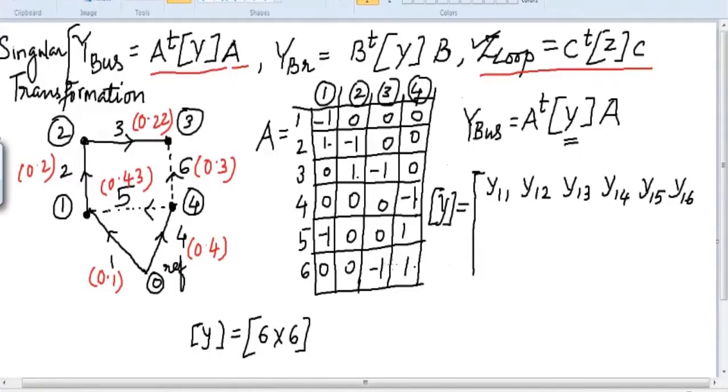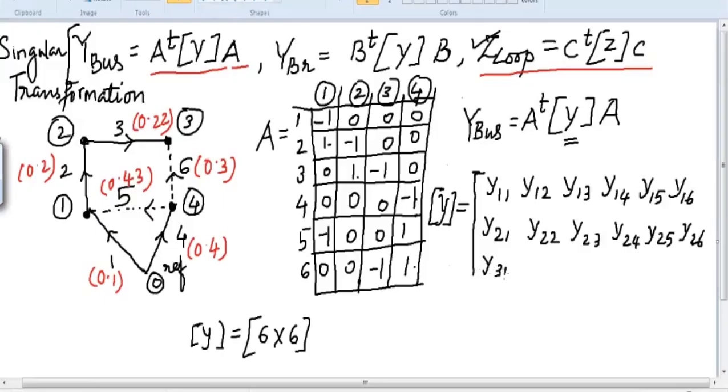As this is a 6 by 6 matrix, the values will be in this way: y11, y12, y13, y14, y15 and y16. Then the second row will be y21, y22, y23, y24, y25, y26.